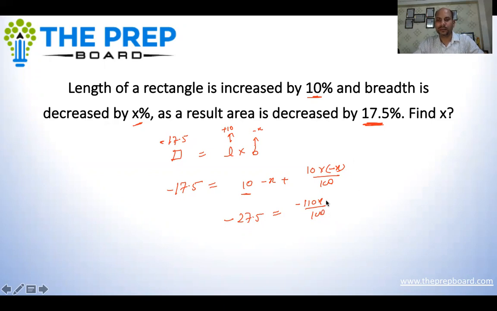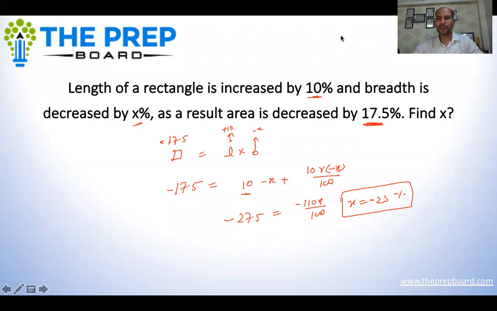Or we can say X equals 25%, with negative sign. So the length has been increased by 10%. The breadth should be decreased by 25%. That will result in a 17.5% decrease in total area. Okay, it was length and breadth, not price and quantity.